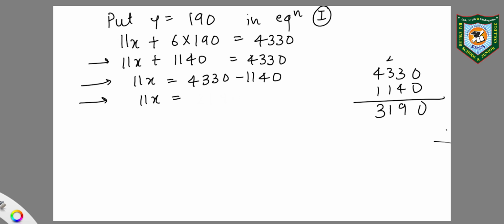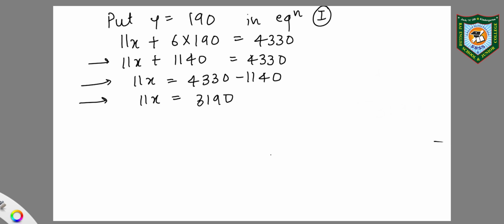So this is 3190 instead of 2190. So here I'll have 11x is equals to 3190. So this value turns out to be x is equals to 290.